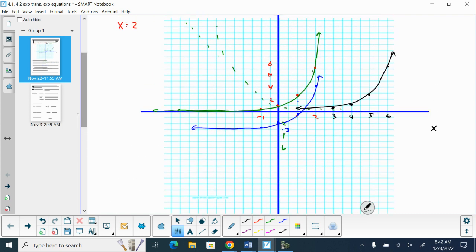I would have a mirror image across the y-axis. So I would just have a reflection about the y-axis.